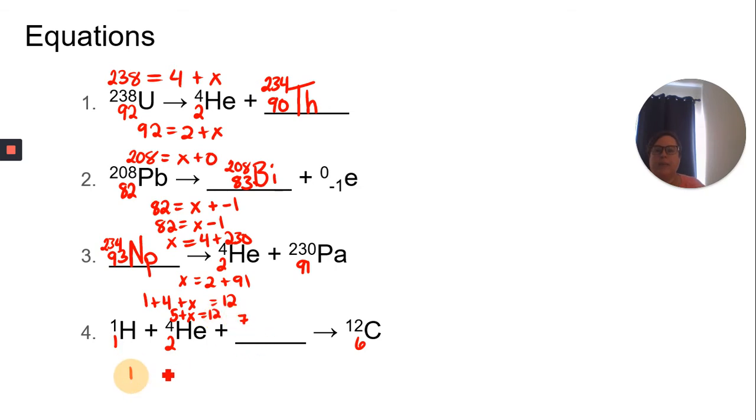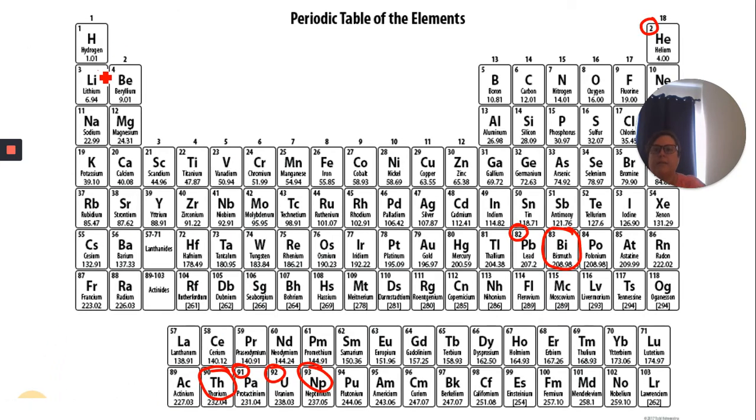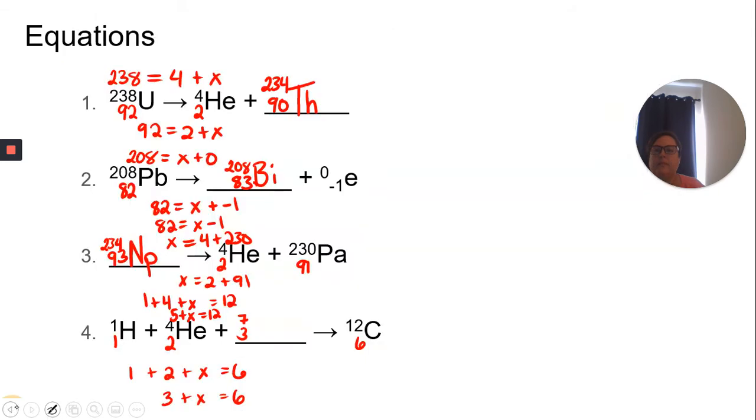And then on the bottom, we have 1 plus 2 plus x equals 6. So 3 plus x equals 6 means x has to be 3. Then we can look on the periodic table, find element number 3, which is lithium, and we get Li.